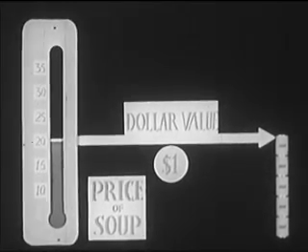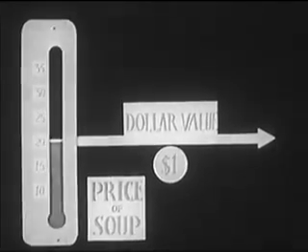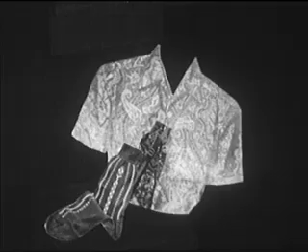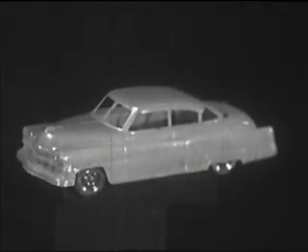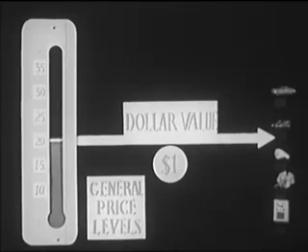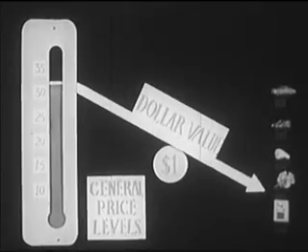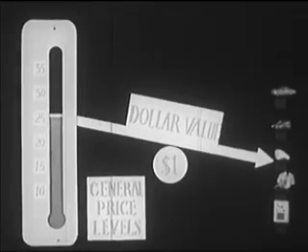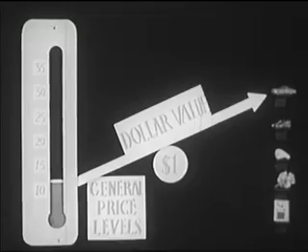So when we talk about the value of the dollar, we usually mean not the price of one article, but the prices of many articles. We're talking about general price levels. As the general price level goes up, the value of the dollar goes down. As the general price level goes down, the value of the dollar goes up.